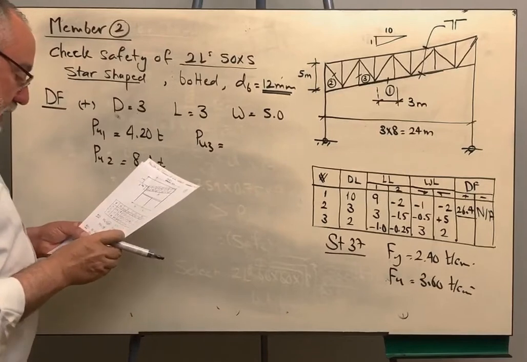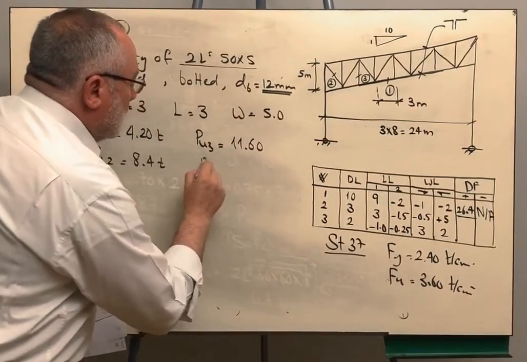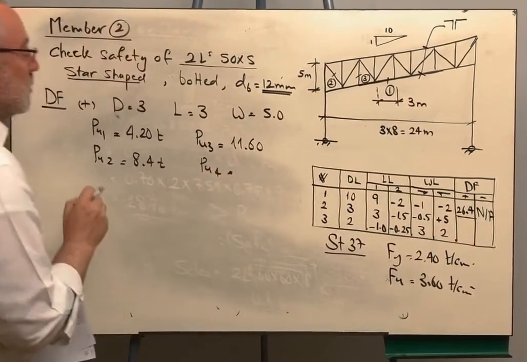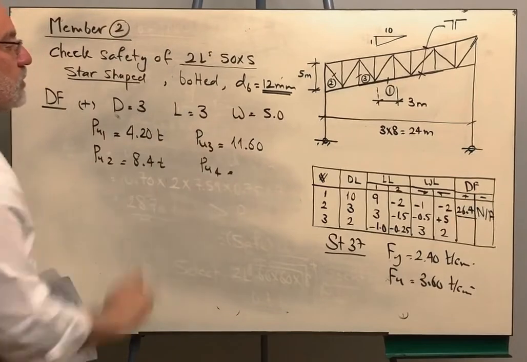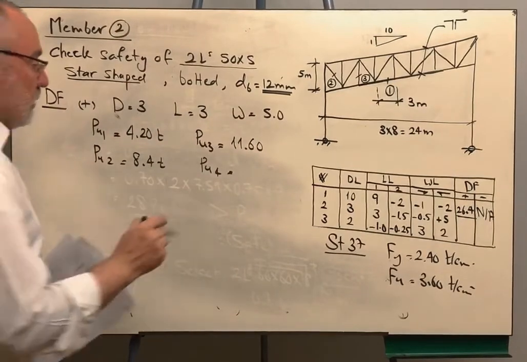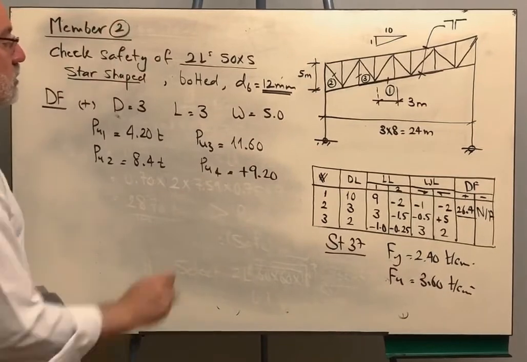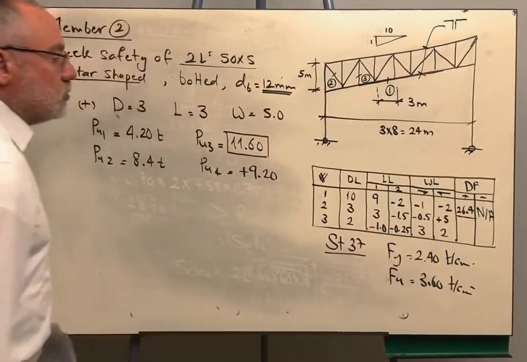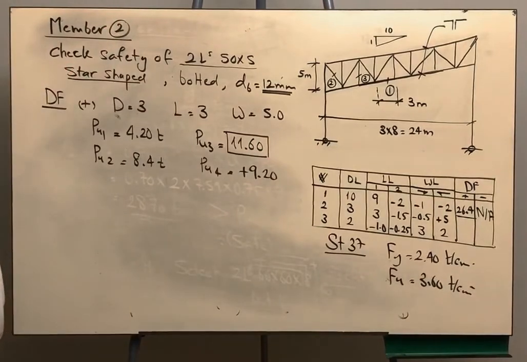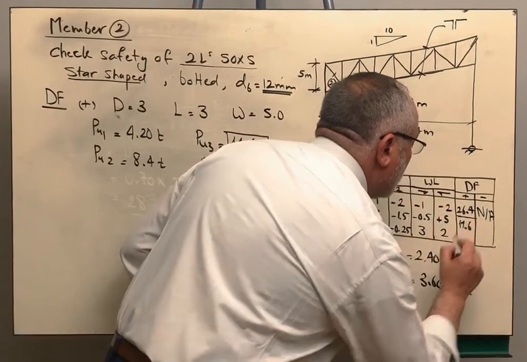We get here a value of 11.6. And P ultimate 4, I will take 0.9 the dead load plus 1.3 the wind load, and this will give us plus 9.2. So this means that the maximum design force that we are going to work with here will be 11.6.